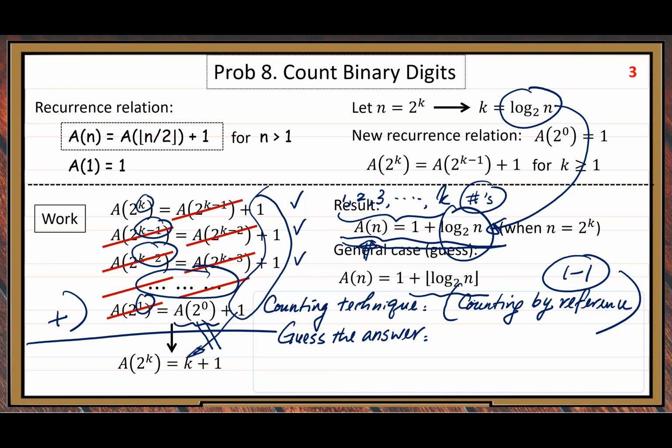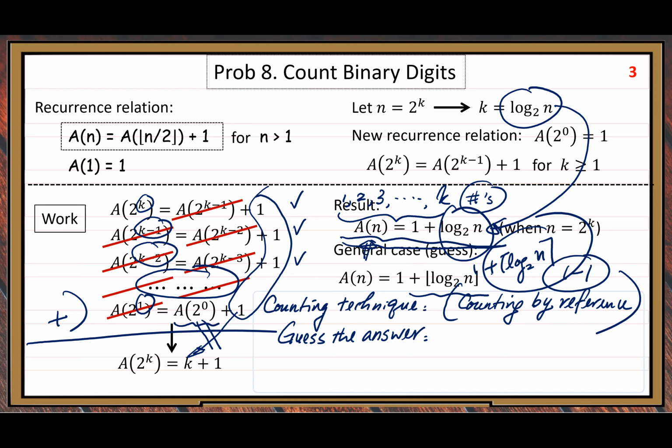This is our reasonable guess, but we don't know if it is a correct guess or not. And then there is another question: why do you not use the ceiling function here? Because the ceiling function also gives us an integer expression, right? Why do you not use 1 plus the ceiling function of log base 2 of n? You use the floor function. We know these are two different expressions.